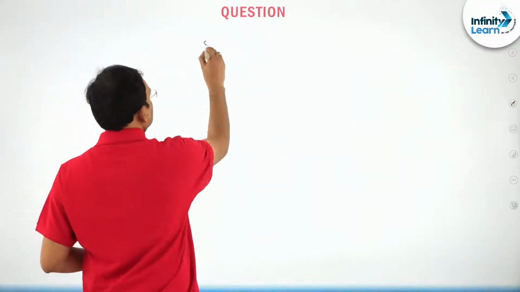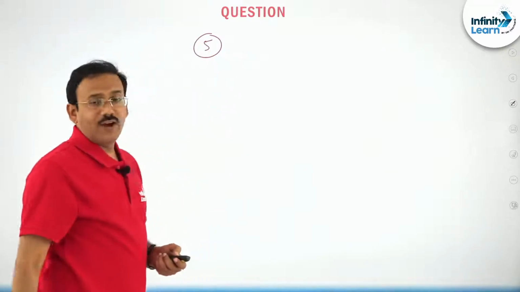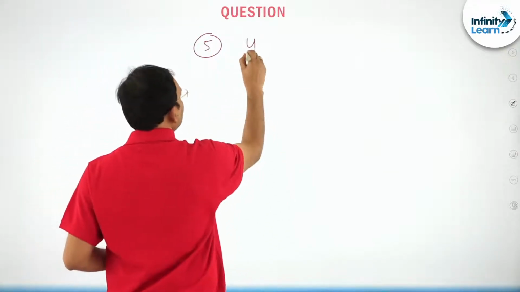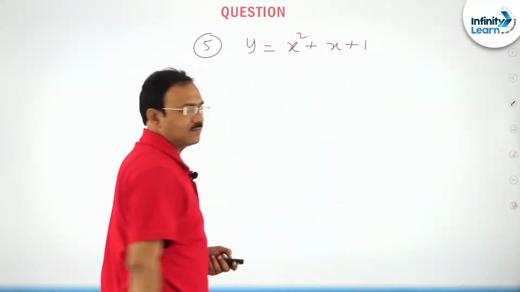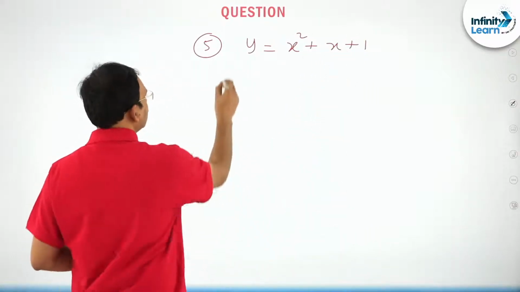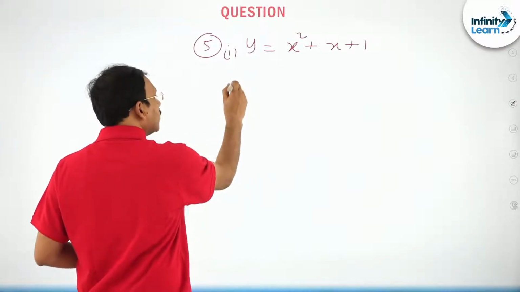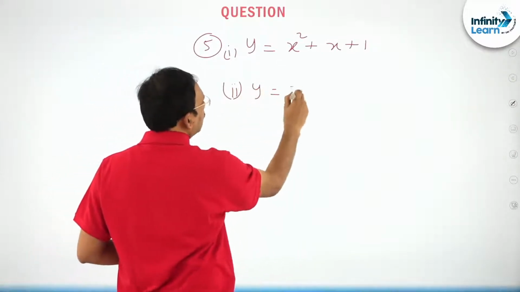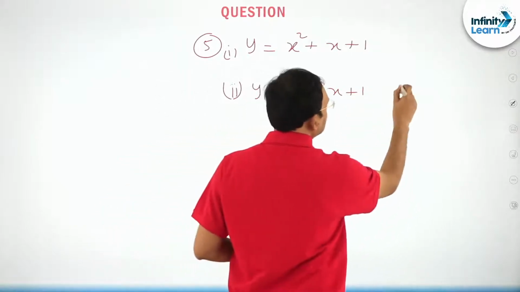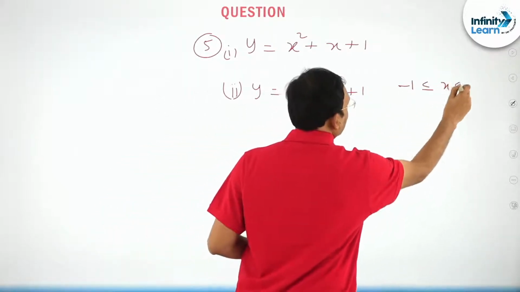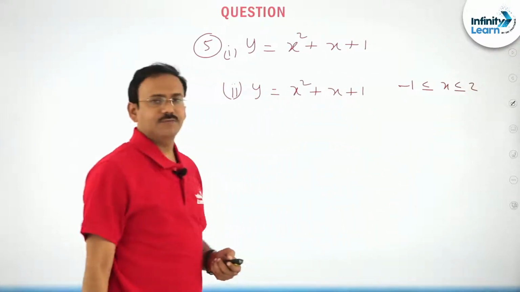Suppose, friends, you are given: find the range of y is equal to x square plus x plus 1, is the first question. Second question, y is equal to x square plus x plus 1 when x is between minus 1 and 2, that is minus 1 less than or equal to x less than or equal to 2.